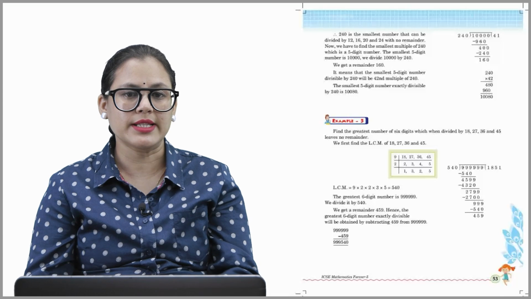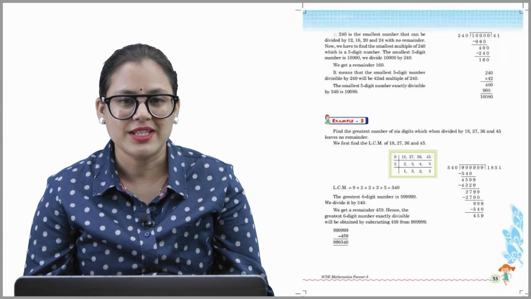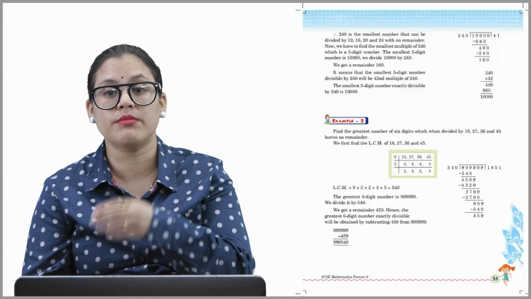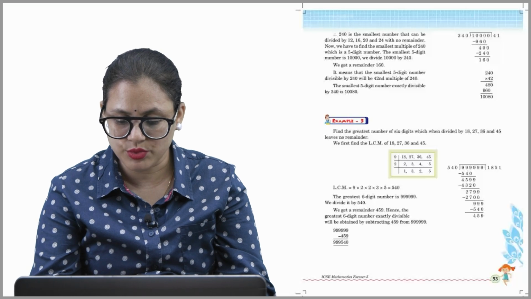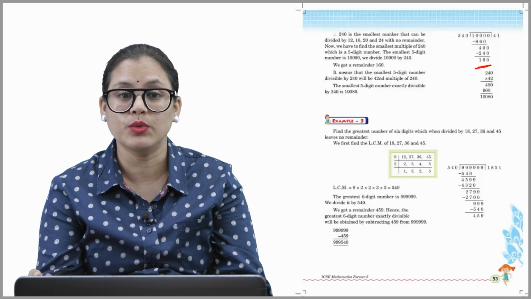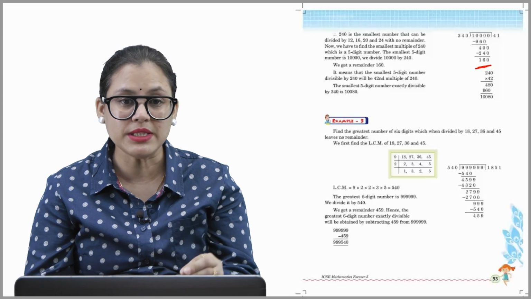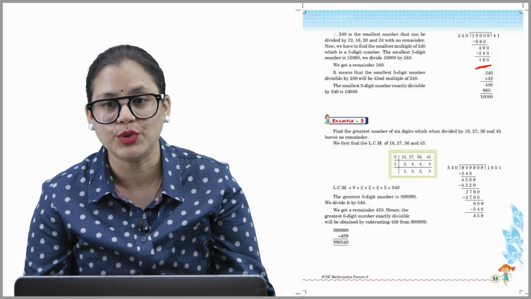Now, we have to find the smallest multiple of 240 which is a 5-digit number. The smallest 5-digit number is what? 10,000. So, we will divide 10,000 by 240. Now, when we divide 10,000 by 240, we get a remainder 160. It means that the smallest 5-digit number divisible by 240 will be the 42nd multiple of 240.